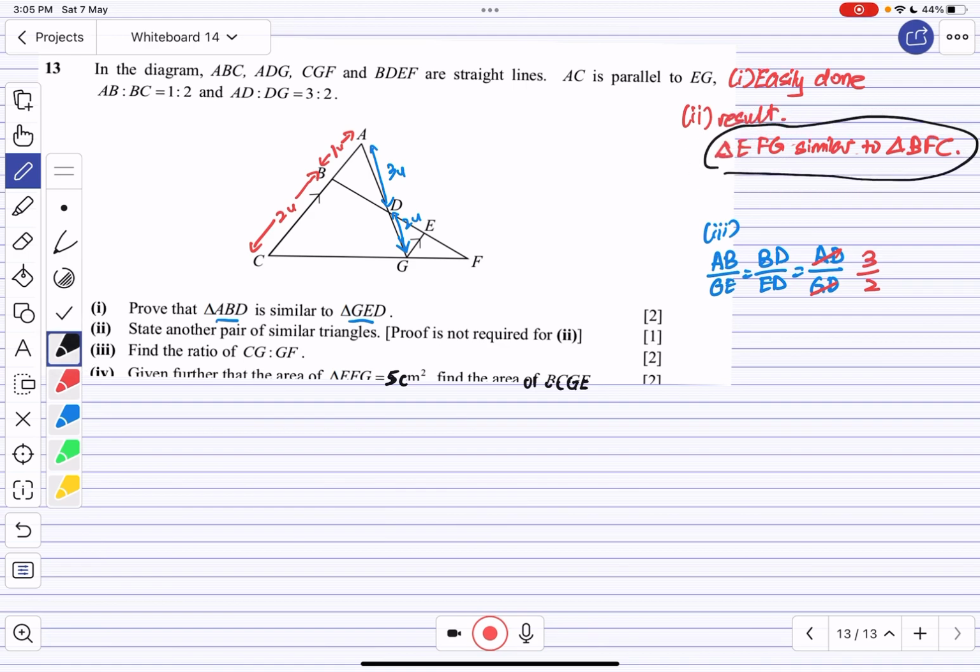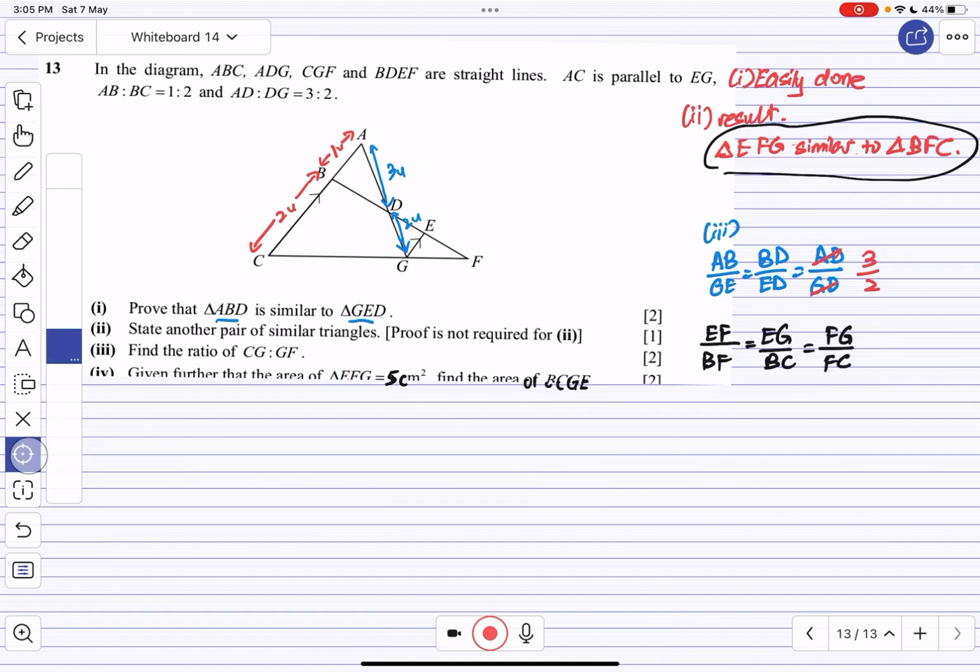We also know that basically EF over BF is the same as EG over BC, is the same as FG over FC. Right, so the ones that we're interested in are probably over here. CG is part of CF and GF is also part of this. So this is probably the fraction that we are most interested in.